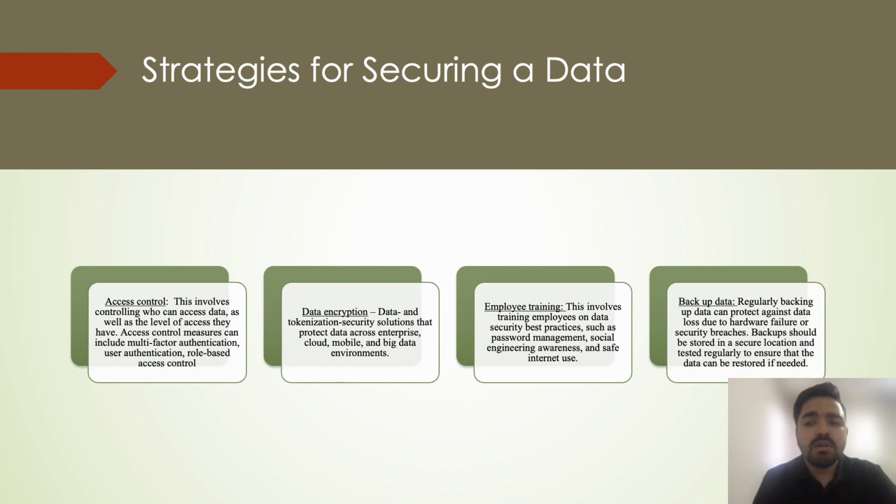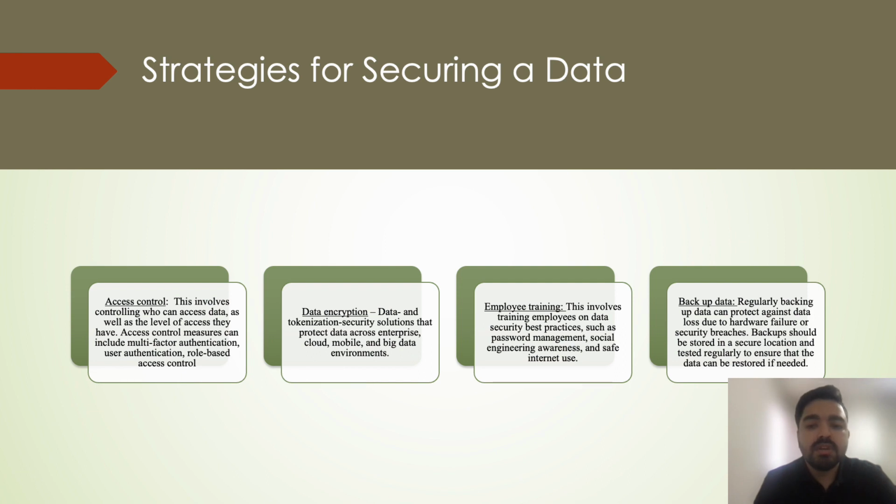To secure data, organizations can implement a range of security measures depending on the state of data, the sensitivity of the data, and the level of the risks associated with potential security breaches. Some common strategies for securing data involve access control. This involves controlling who has access to the data and what can be done with it.